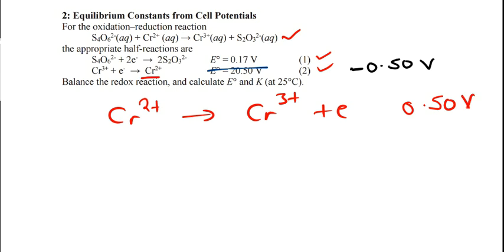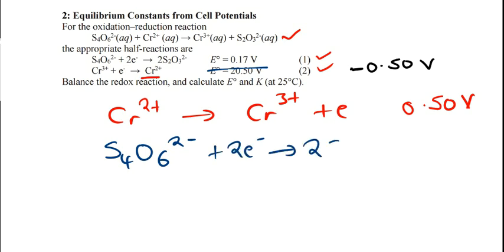Then the other half reaction is S4O6 2 minus. We'll maintain it as it is given, and then that is the product. We haven't tampered with this half reaction, so we maintain the reduction potential to be 0.17 volts. I think that's key to recognizing.